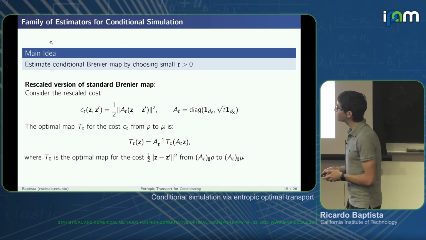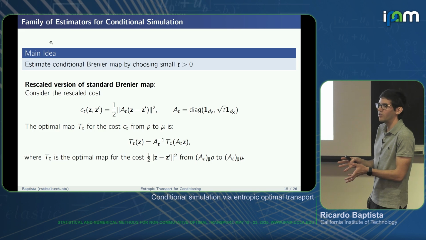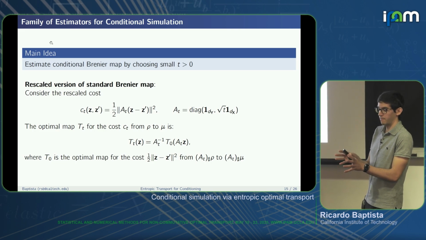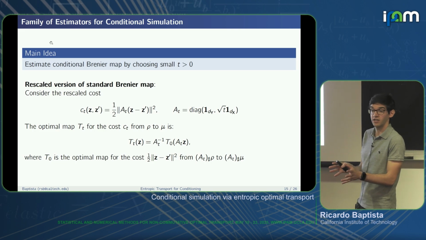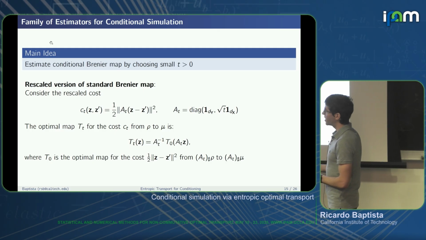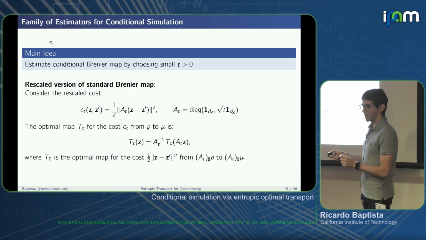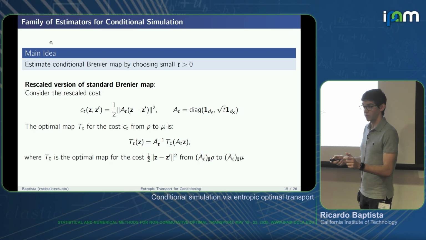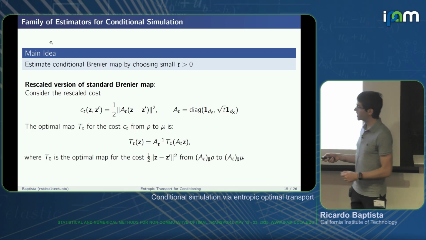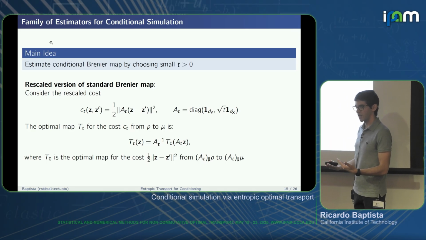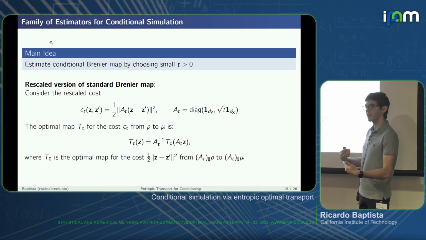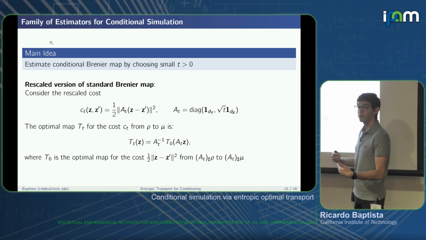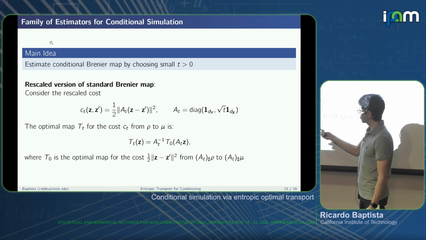Moreover, what we can rely on is the fact that because this is really just a reweighting of the standard Euclidean cost, each of these maps T_t that are optimal with respect to this rescaled cost can actually be written in terms of a map which is optimal with respect to the standard quadratic cost.